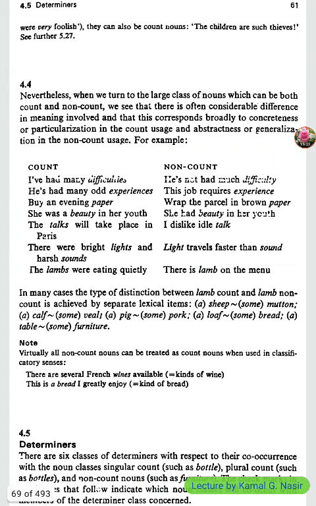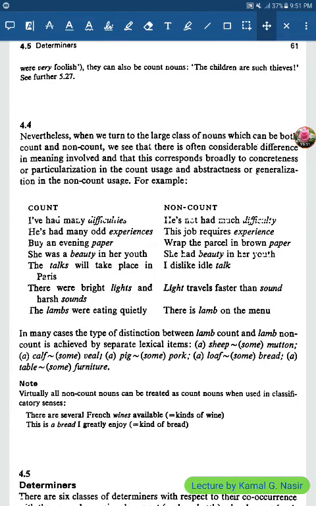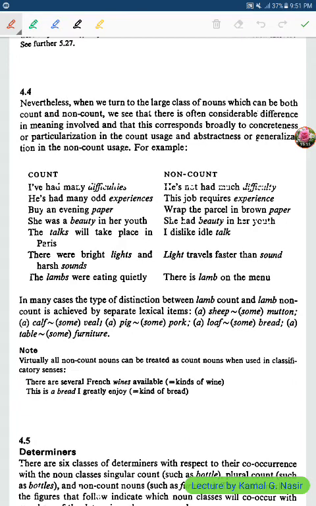Now we come to this classification of count and non-count. See the examples here. Okay. You find here count nouns, and here non-count nouns. For example, I have many difficulties.